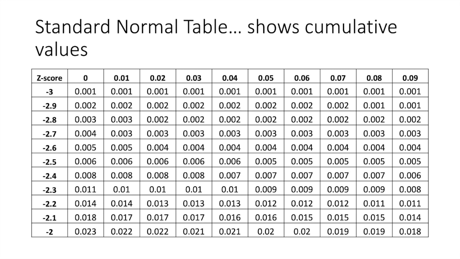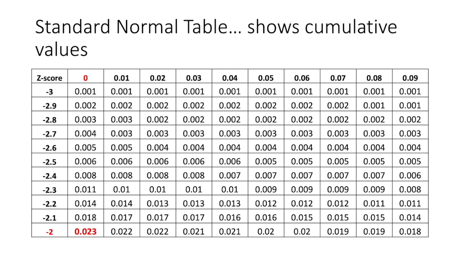So here's the standard normal table. You see going down that first column, z-scores of minus 3, minus 2.9, minus 2.8, etc. Going across the first row, you see 0, 0.01, 0.02, 0.03, etc. So of course we want to find the percentage that corresponds with a z-score of minus 2.00.